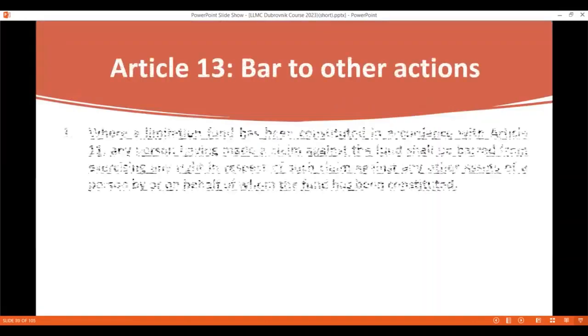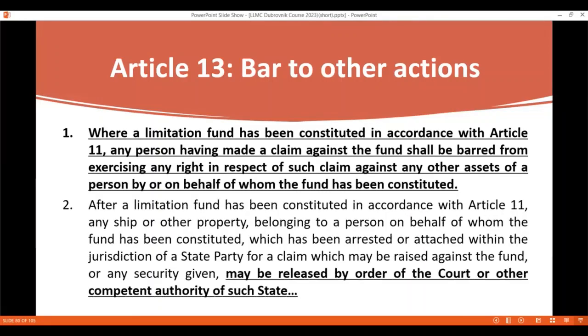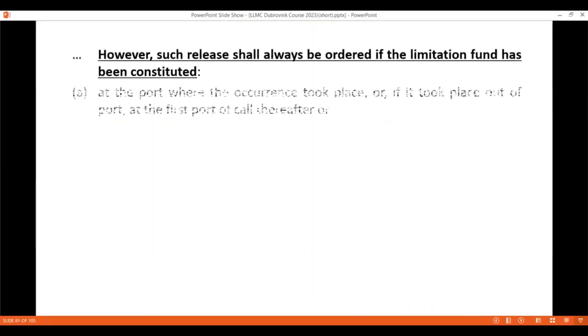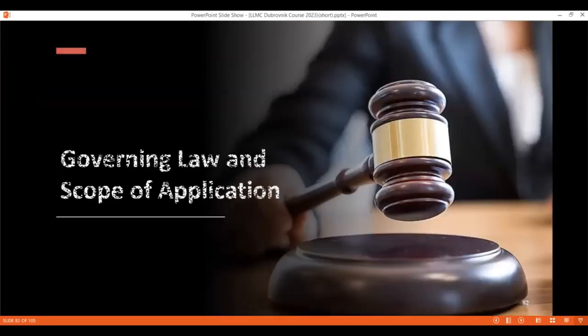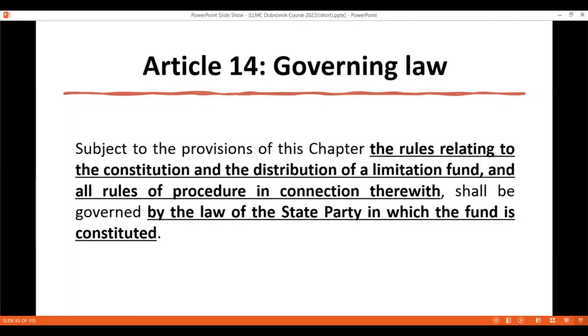Now, once the fund has been constituted, any person having made a claim against the fund shall be barred from exercising any right in respect of such claim against any other assets of the person by or on behalf of whom the fund has been constituted. So just in relation to the actual claim. And if a ship had been arrested, it should technically be released. The governing law. Let me just jump because we're running out of time.